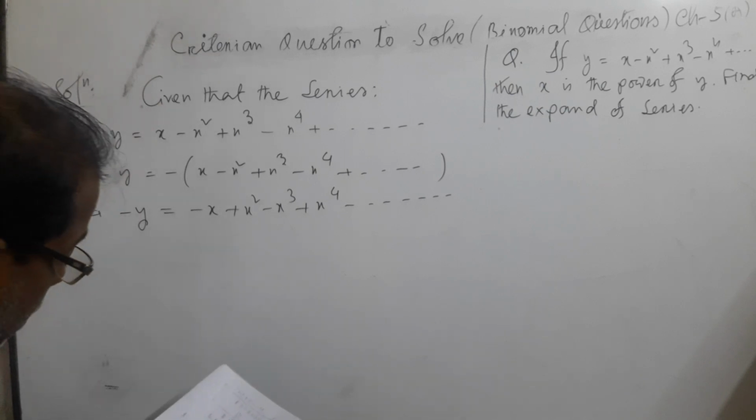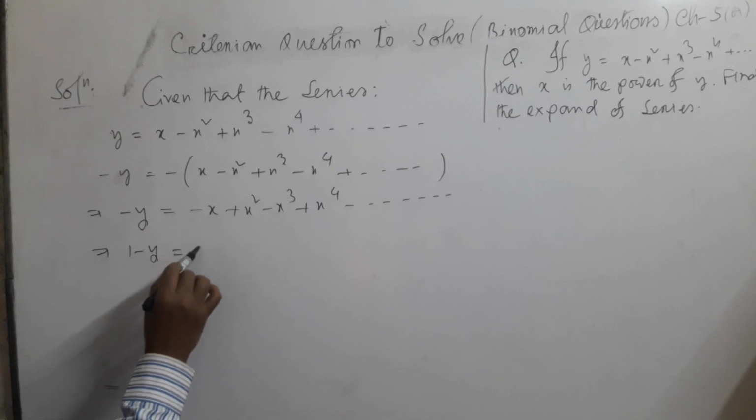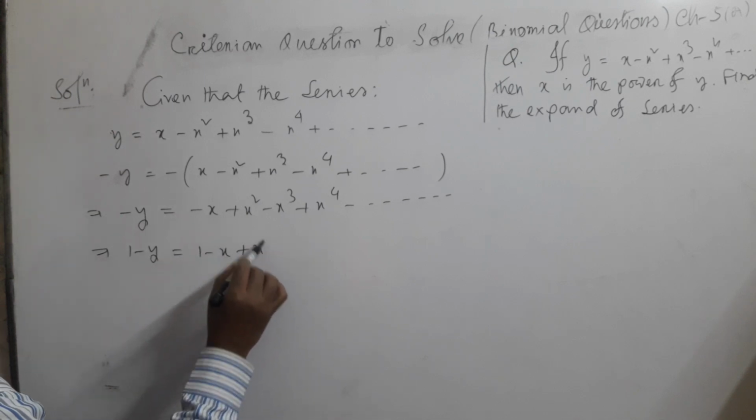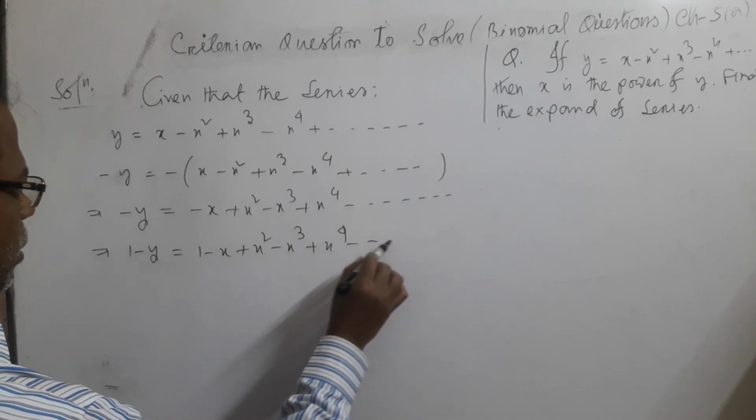So 1 minus y equal to 1 minus x plus x square minus x cube plus x to the power 4 minus dot.